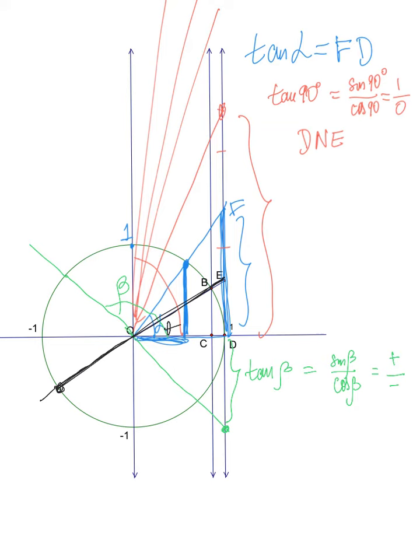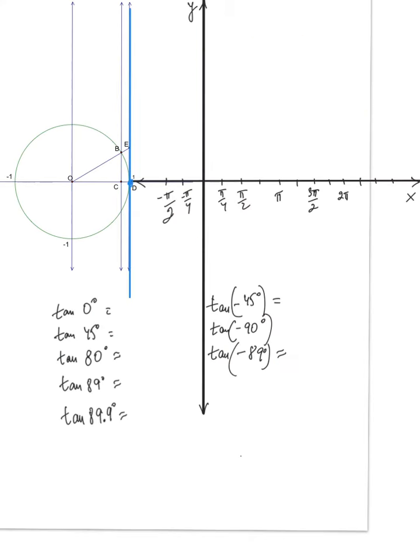Both sine and cosine for these two angles are opposite. So if you divide sine by cosine positive values and sine by cosine negative values, you're going to get the same tangent value, which is this number.